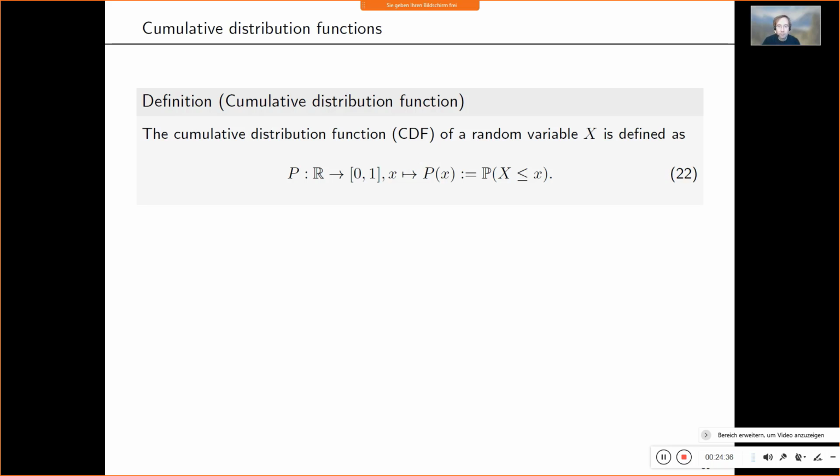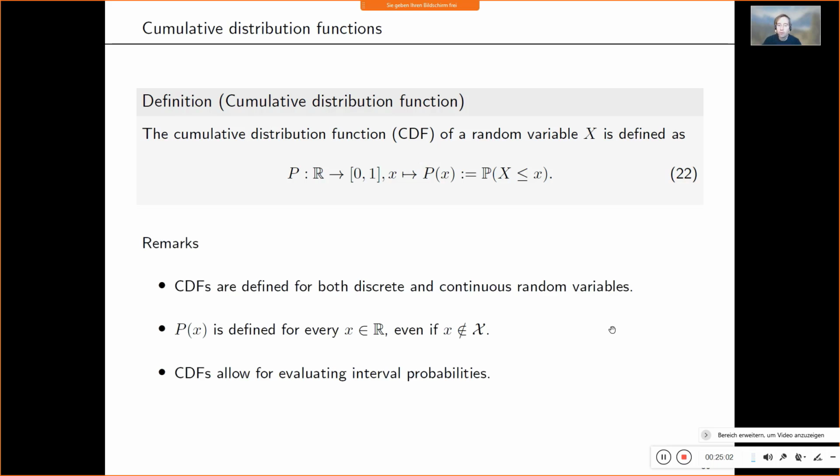So this is not specified here. It maps to the interval [0, 1], and each real number x gets allocated a CDF value P(x), which is defined as the probability that the random variable x takes on values smaller or equal to x.